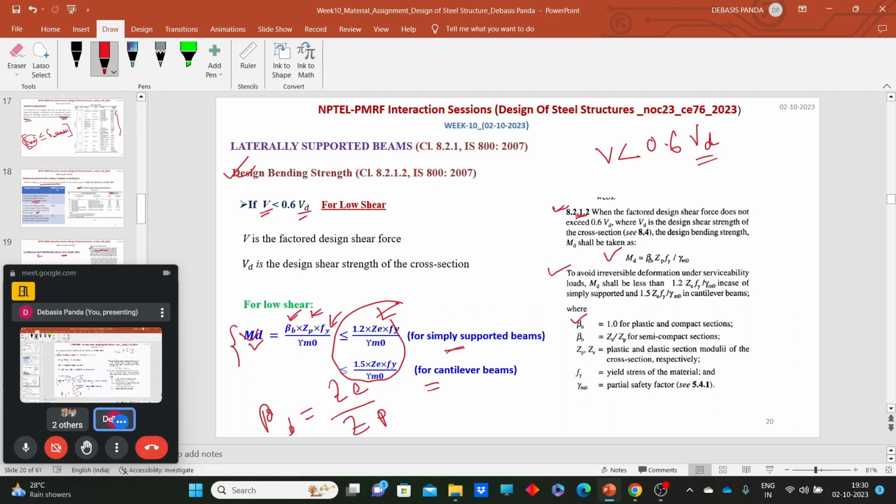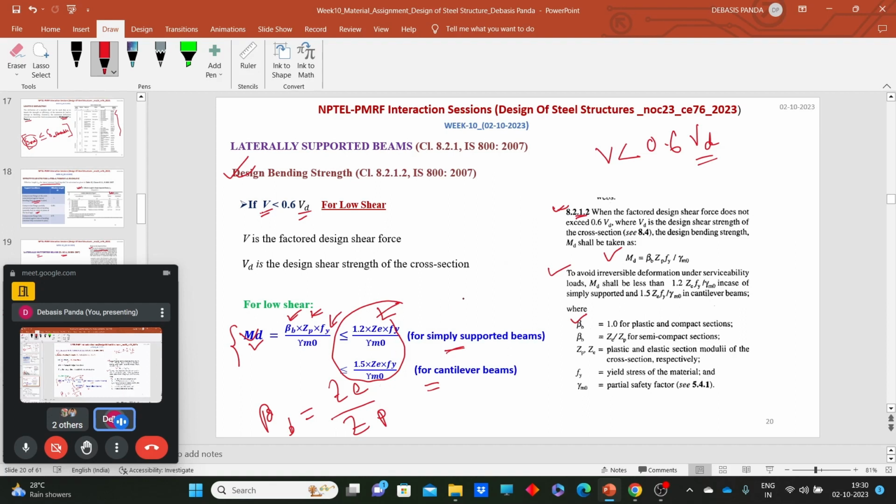There can be a situation where load reversal occurs. So to ensure the serviceability condition, we need to check that whatever design bending strength comes out for this laterally supported beam, for simply supported and for cantilever beams, it should be well within these two checks. For simply supported beams, we check 1.2 ZeFy by gamma m naught, and for cantilever beams 1.5 ZeFy by gamma m naught.